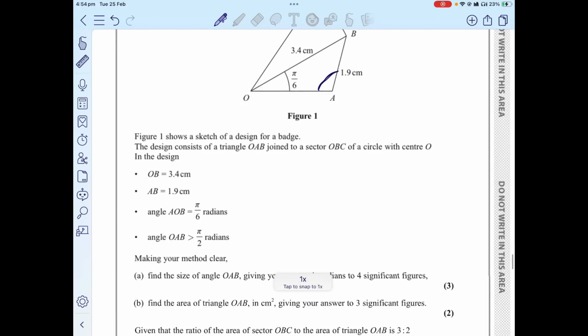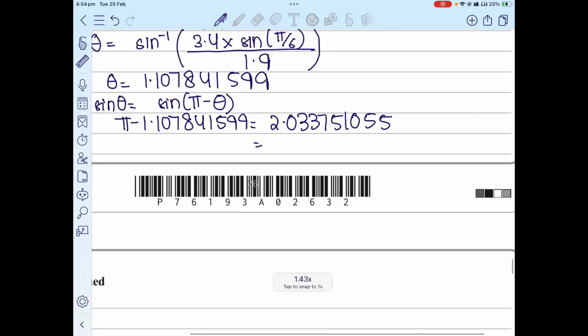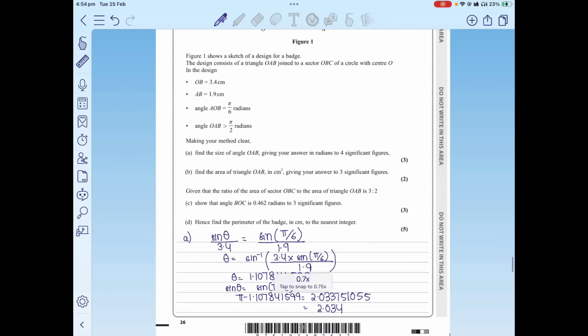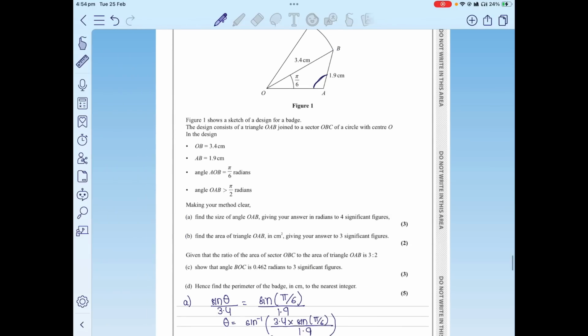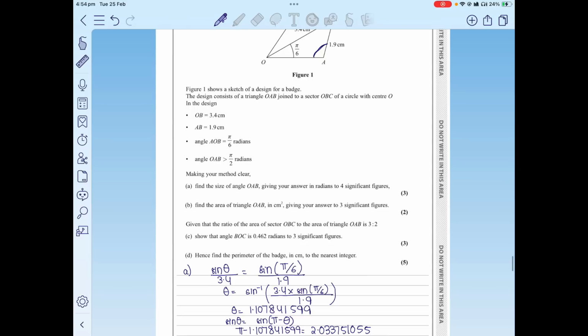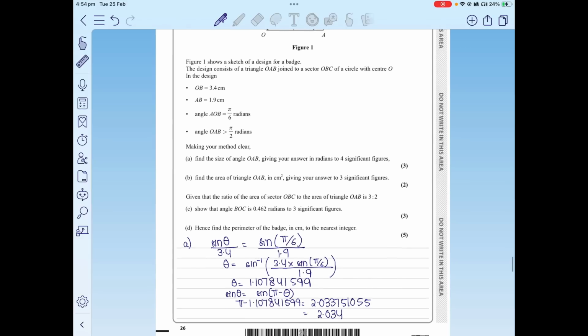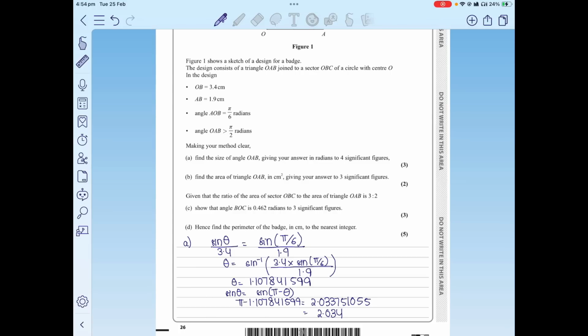Now, how many decimal places? The answer asks for 4 significant figures, so 2.034. Just to make sure again, first you found this theta value using the sine rule. But since this value is less than 0.5 pi, we do pi minus this so that we can get an alternative value.